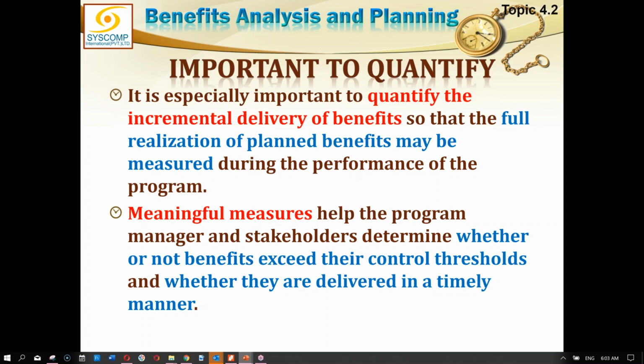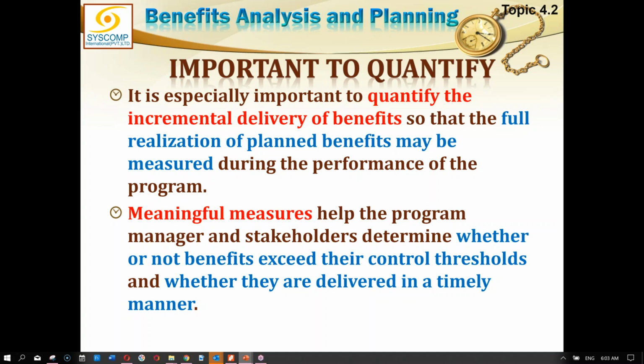We would know that we have delivered this much benefit, or if you have to deliver incremental benefits, then you would be able to release that much benefit to the customer at that specific point in time. It is especially important to quantify the incremental delivery of benefits so that the full realization of planned benefits may be measured during the performance of the program.